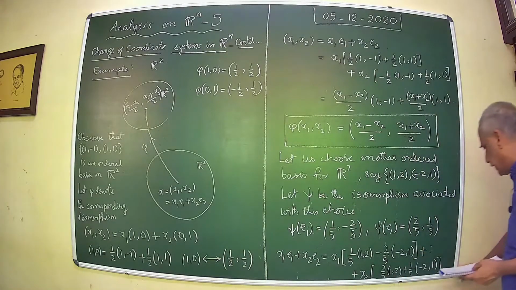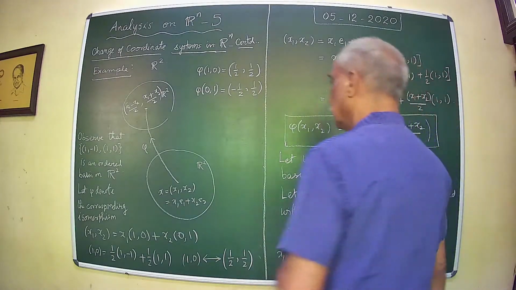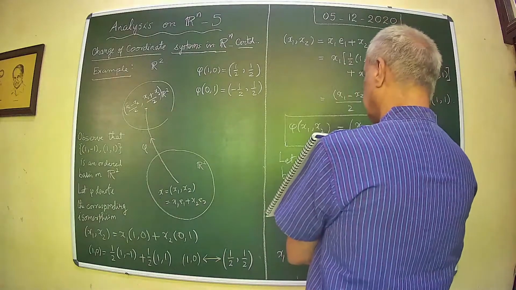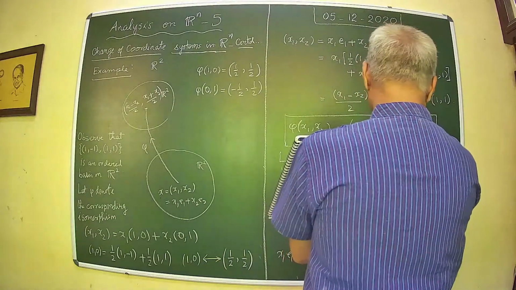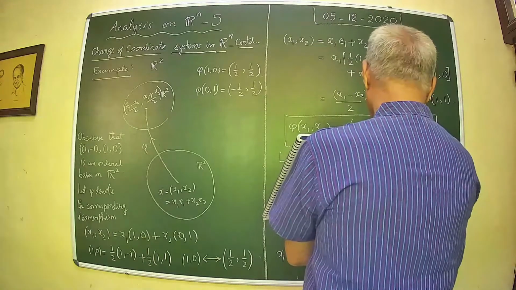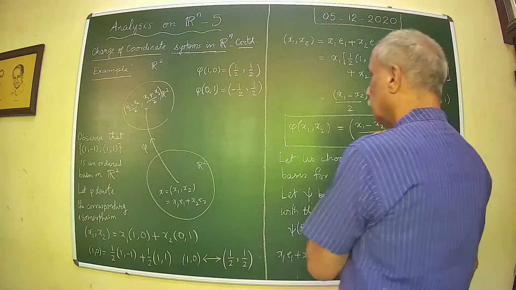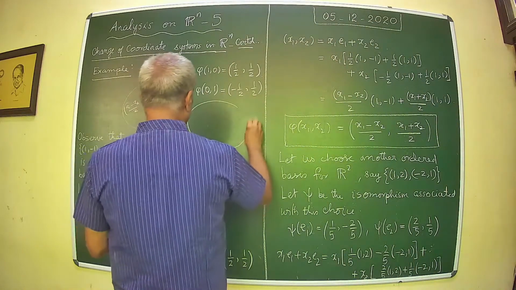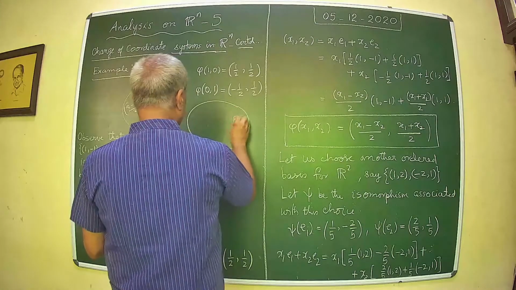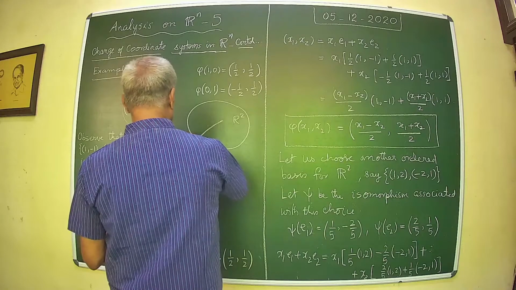So what we have done is to identify the representative, then rewrite this in terms of this basis. If you rewrite this in terms of this basis, you get another copy of R2 here. You have psi here.